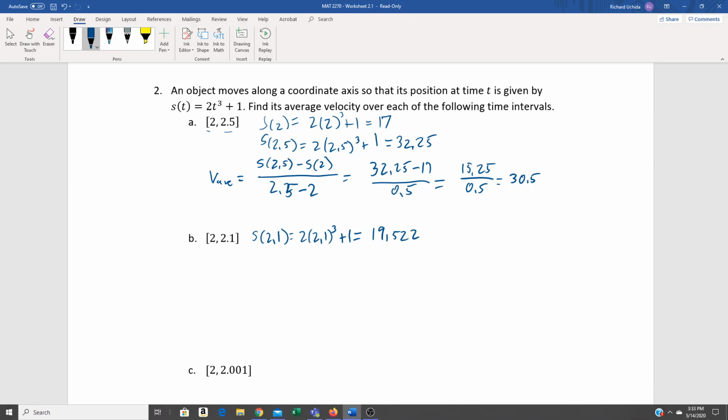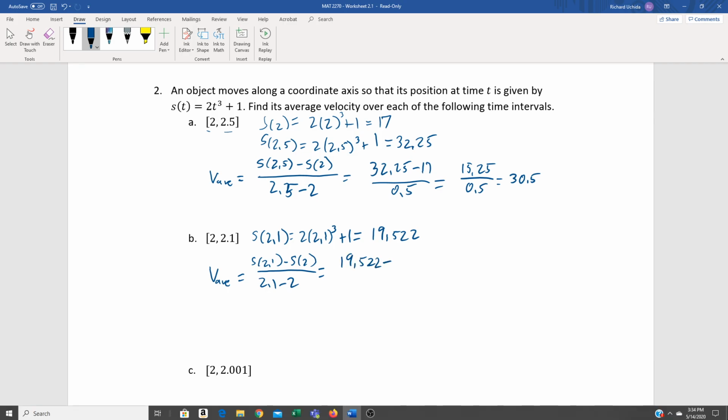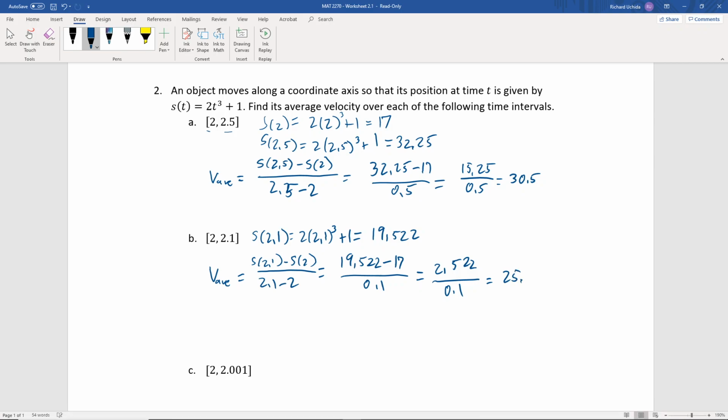So with these values for t, the average velocity would be s(2.1) minus s(2) all over 2.1 minus 2. So that would be 19.522 minus 17, all over 0.1, so 2.522 all over 0.1. And what you would get for the average velocity would be 25.22.